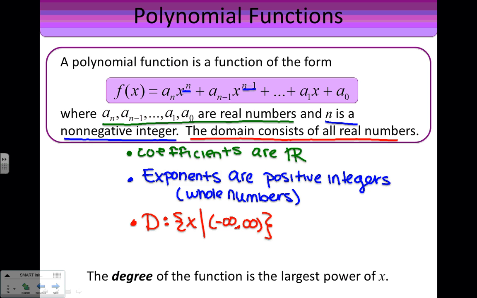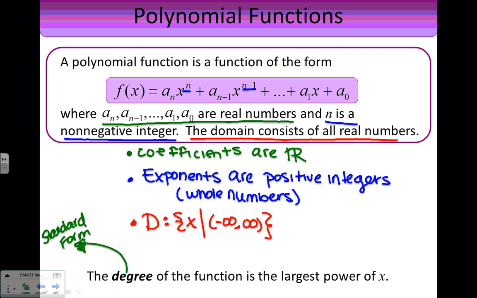Okay, the highest power of x. You want to make note of that. That is when it's in standard form. So when the function is in standard form, then that highest power that you see is the degree of that polynomial.